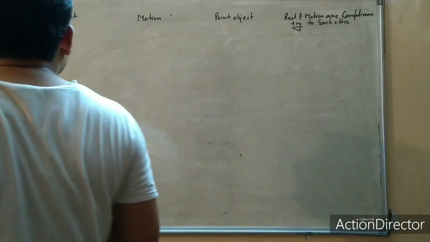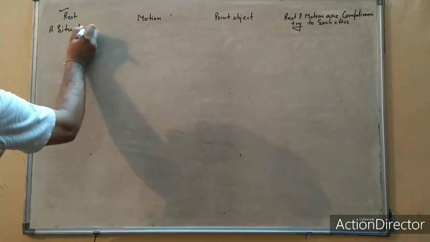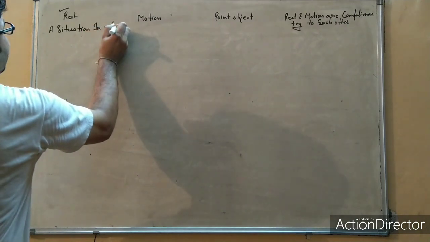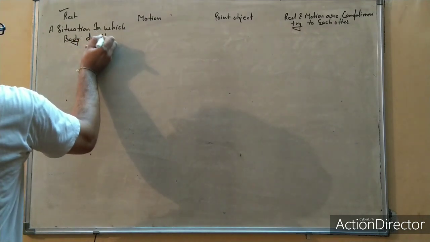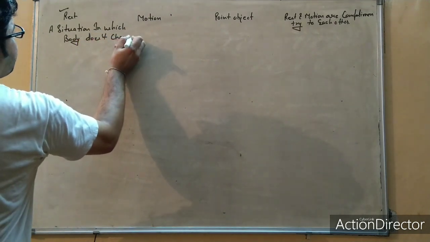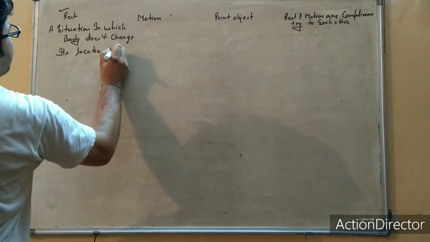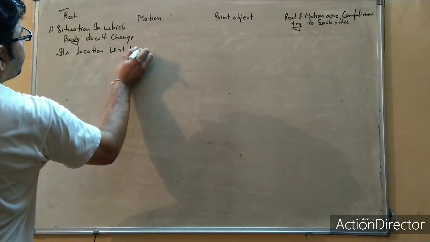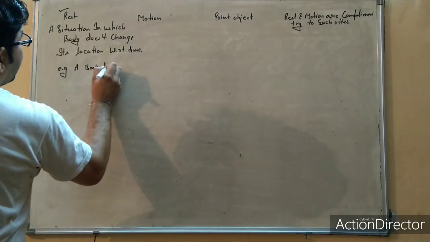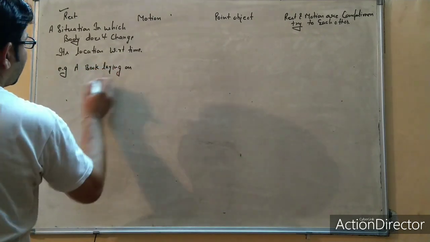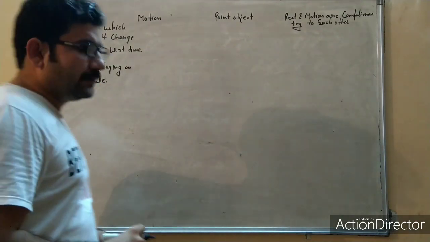In short, we can say that a situation in which a body doesn't change its location with respect to time. Example, a book lying on a table.